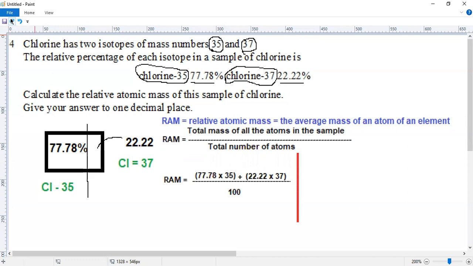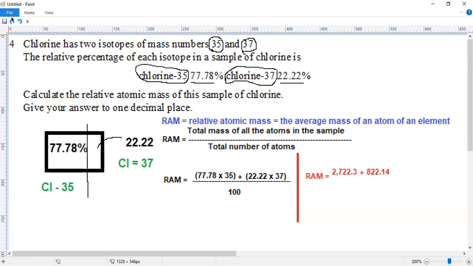Okay, I drew a vertical line to separate the next part of the calculation. So now the relative atomic mass is going to be the addition of the multiplication of 77.78 and 35, which is 2702.3, plus, when you multiply 22.22 by 37, we get 822.14.